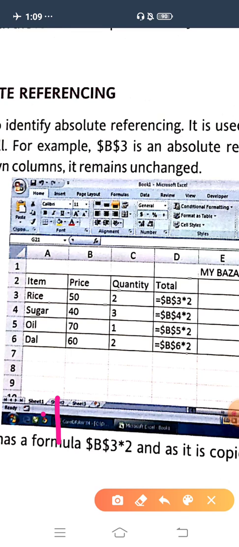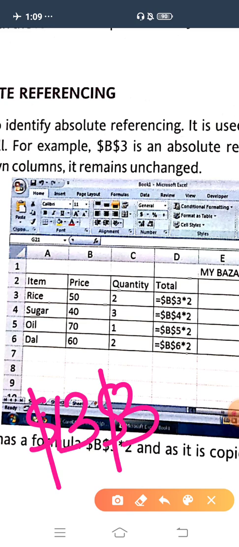Previously you were writing the cell address like this, but in the case of absolute referencing you have to use the dollar sign with both, the column part as well as the row part.